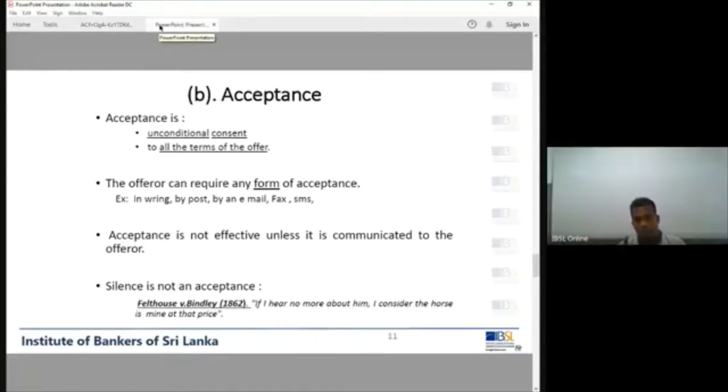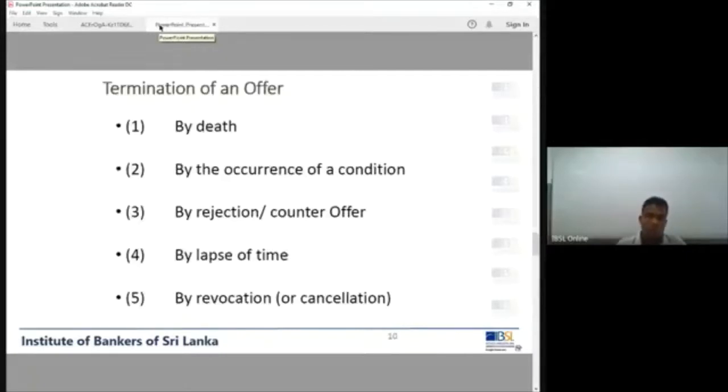Then we discussed how the offer can be terminated, or how an offer can come to an end. These are the methods. First, by death of the offeror or the offeree. Then by the occurrence of a condition, that is, if the subject matter of the contract or the offer is destroyed.